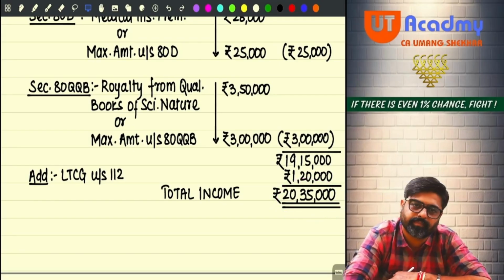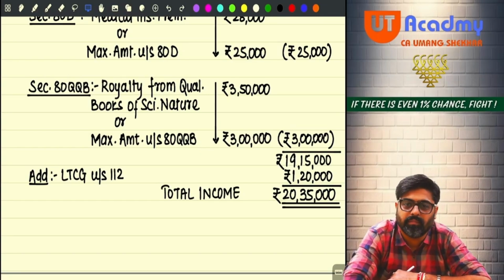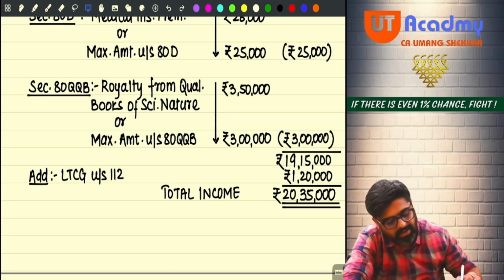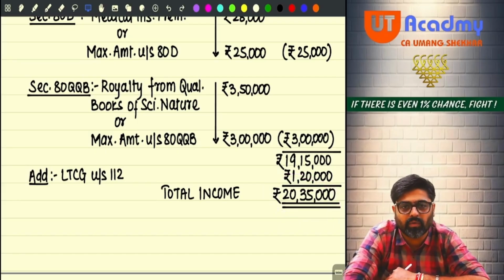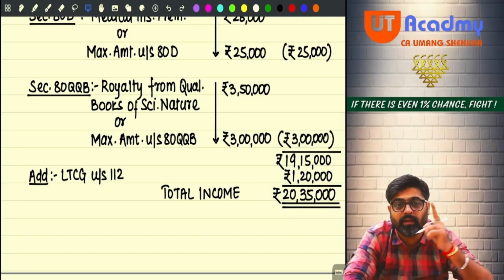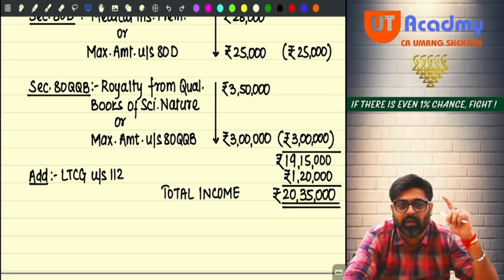Now tell me, are you an individual? Yes, meaning other than company. Have you calculated your total income? Yes. But while calculating your total income, have you taken 10AA? No, sir. Have you taken the deduction of 35AD? No, sir. But have you taken 80IA to 80RRB?